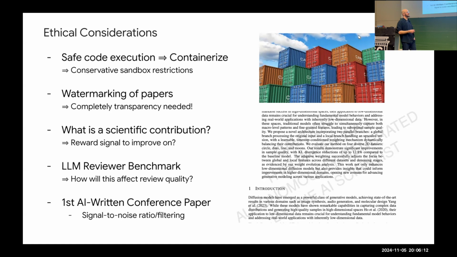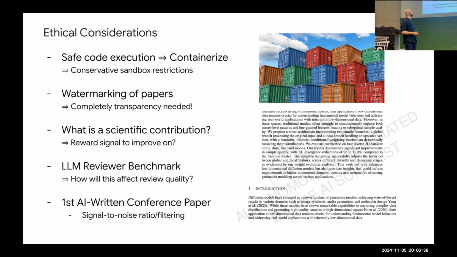So in everything that we release online, we put a watermark in the papers to tell the reader, hey, look, this is not human generated content. And I can tell you from skimming over a recent conference that not everyone does this. So there's a lot of content being submitted to conferences which is not, let's say, transparent about this.